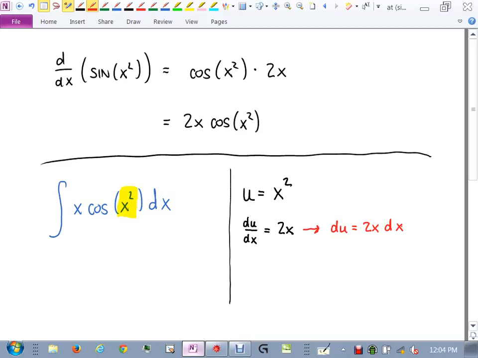Now we play kind of a mix and match game, all right? We already know that x squared right here is right here. So I will be able to replace that with the letter u. I will substitute that out for u, right? The question is, though, what do I do with all this other stuff? So look at this. I have an x, right? And I have a dx all together on the same line, right?